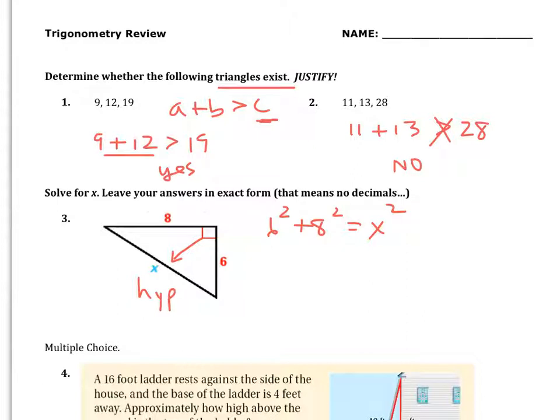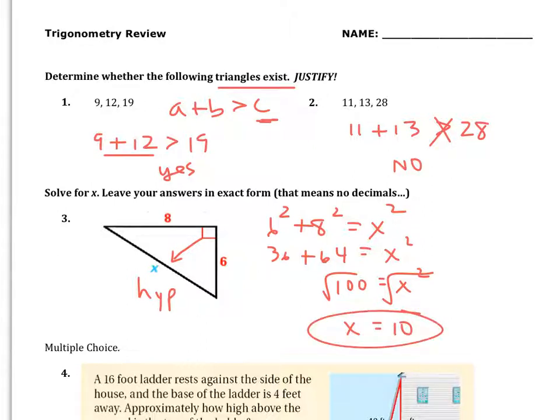We do our math: 36 plus 64 is equal to x squared. 100 is equal to x squared. Take the square root of both sides, and x is going to equal 10. So using the Pythagorean theorem, we're able to figure out the third side of a triangle. Reminder, a squared plus b squared equals c squared. C has to be the hypotenuse, and in our case, x is c.